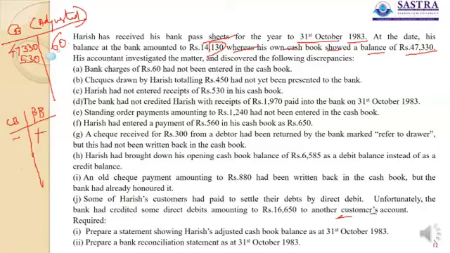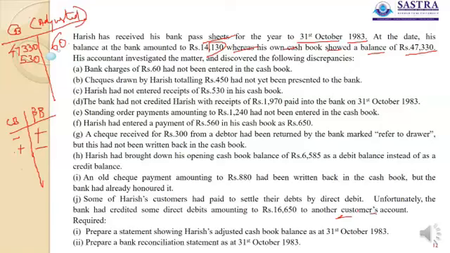This receipt of 1970 may be increasing the cash book's balance, which might have been entered by Harish and not entered by the bank as collection, so that increases the cash book's balance and decreases the passbook's balance.